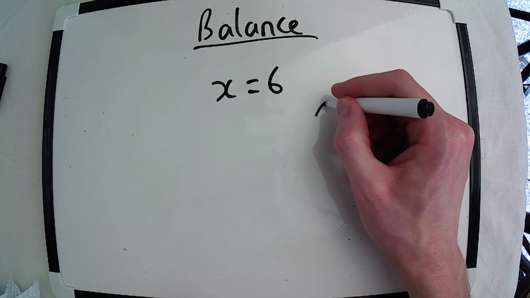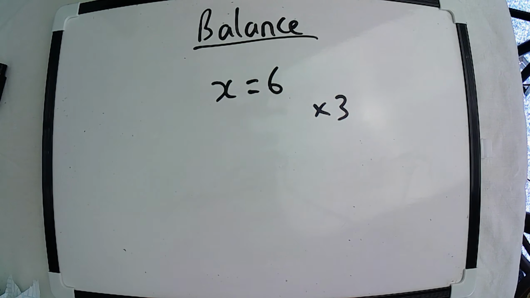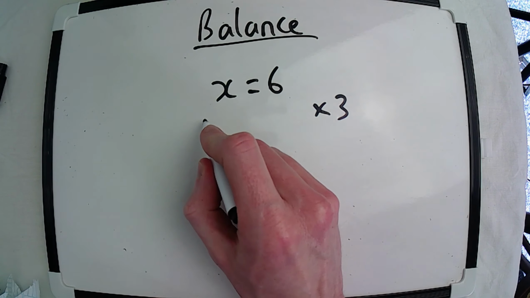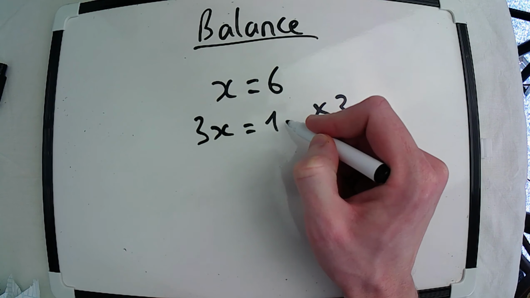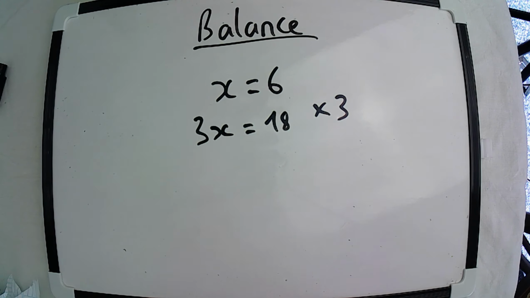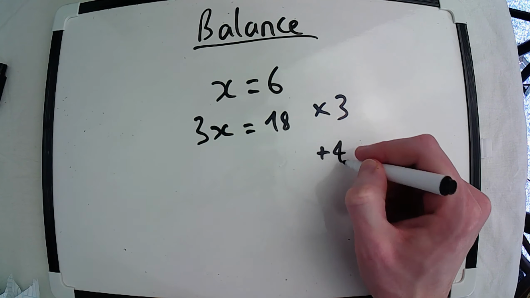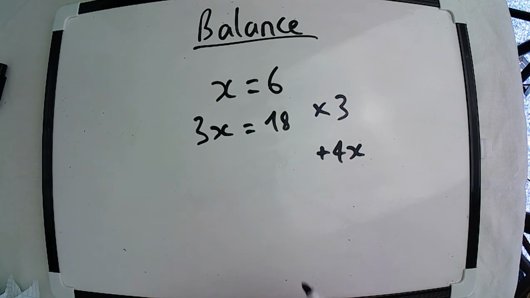Now we're going to multiply each side by 3. And it's essential that you do the same to both sides. So we have 3 lots of x equal 18. Okay, next we're going to add 4 lots of x. Again, you must preserve equality, you must remain balanced, so we'll do the same on both sides.